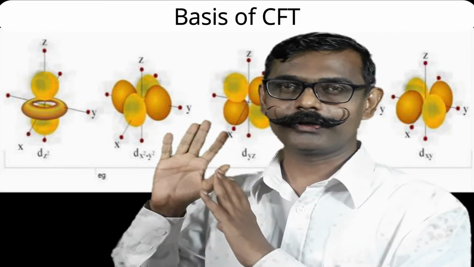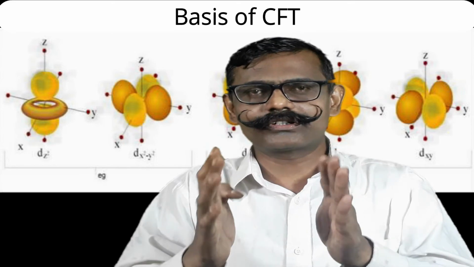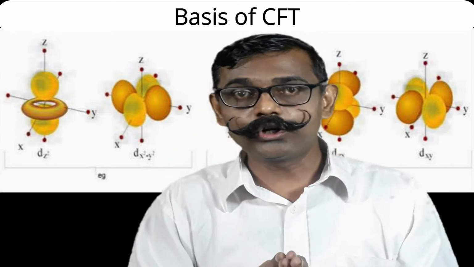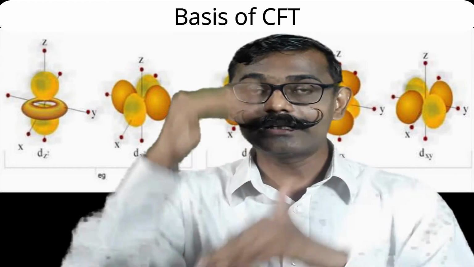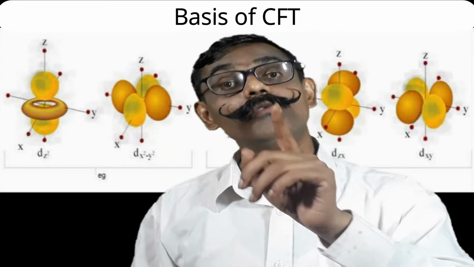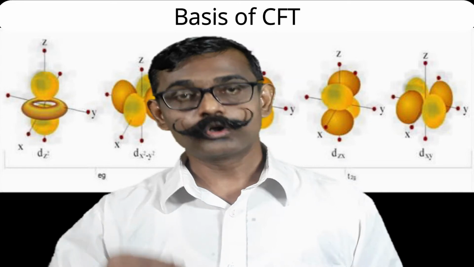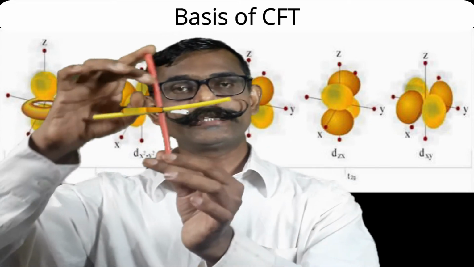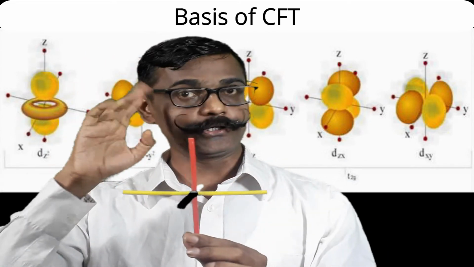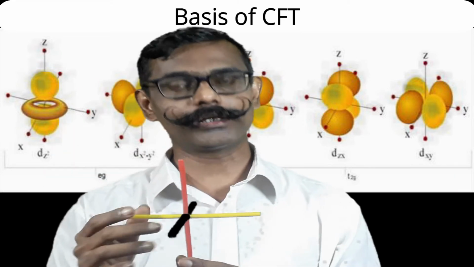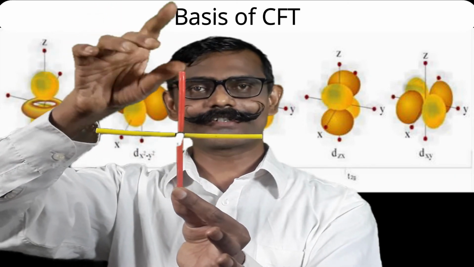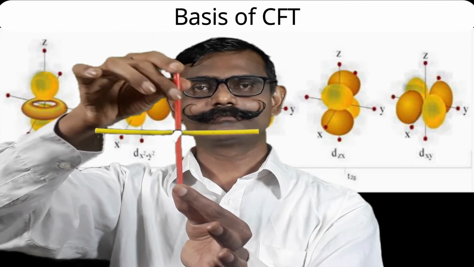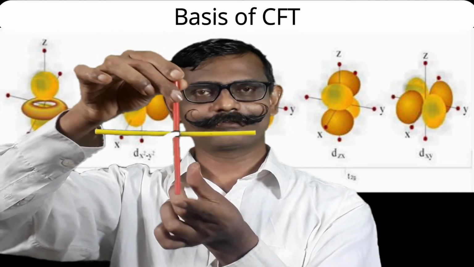This is very important. If these shapes are clear to you, then the next part, interaction and accordingly the energetics of various orbitals, will be perfectly clear to you. To make this concept clear, I explain with this model. Let us consider the red bond as the z-axis, positive z and negative z direction.